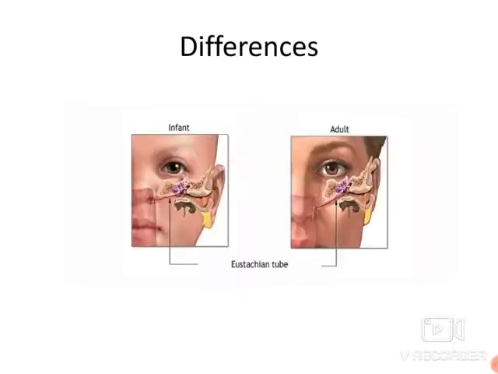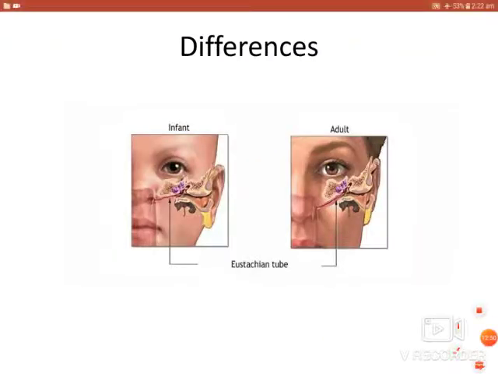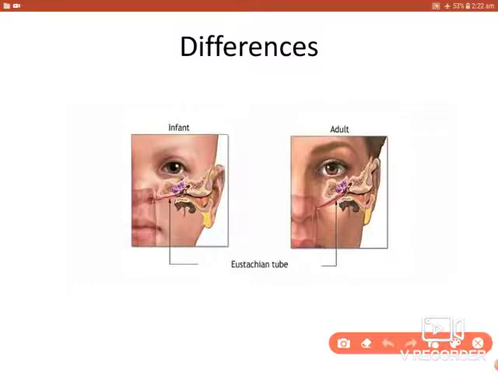Then coming to the difference in length and direction in children and adults. In children the tube is wider and more horizontal. See here, the tube is more horizontal. In adults the tube is oblique, and its length is 36 millimeter.